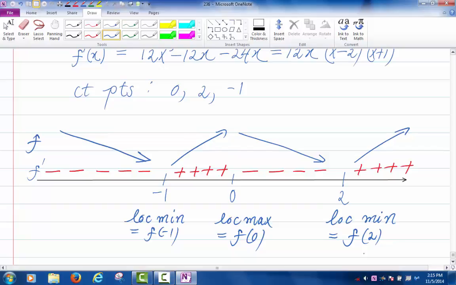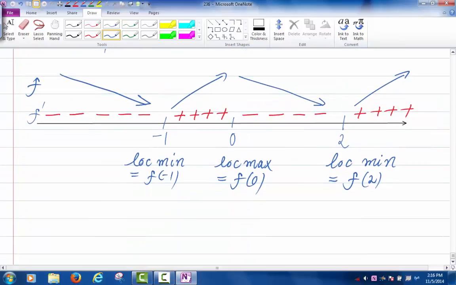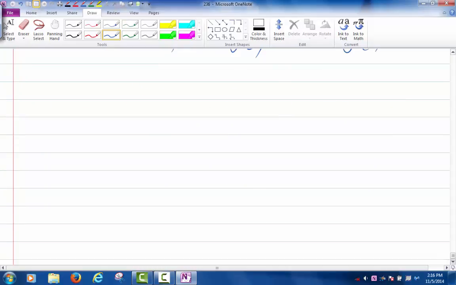Okay. So now we are going to look at the second derivative test for the same function. So again, I have the critical points of the function, right? And I want to know whether at each one I have a local max or a local min. We already know that, but I want to do the same thing with the second derivative test. So before I go there, let me first say that the second derivative test does not work for the critical points where the derivative doesn't exist.